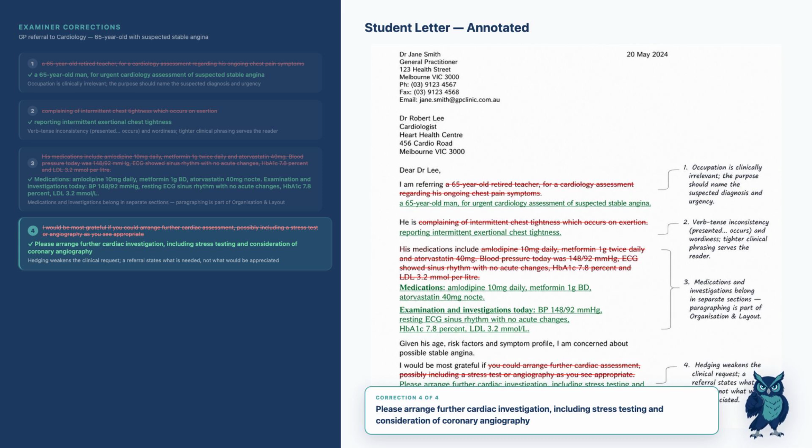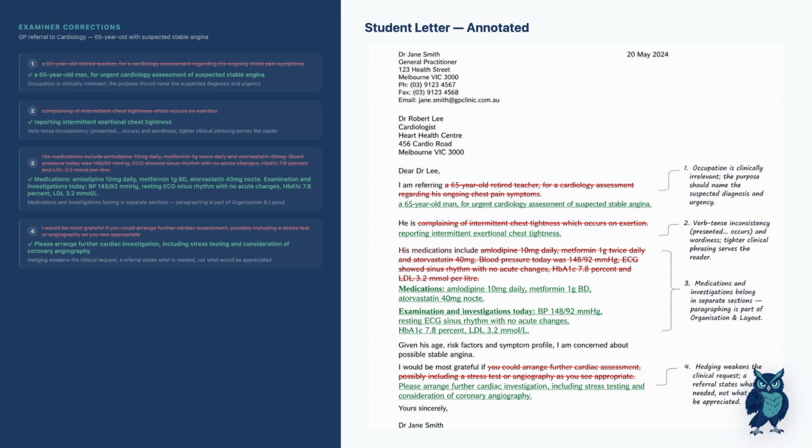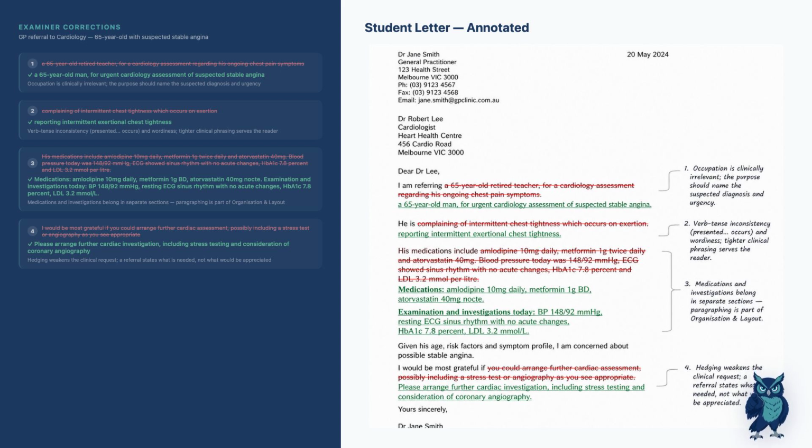This needs to change to medications, amlodipine 10 mg daily, metformin 1 gram BD, atorvastatin 40 mg nocte. Examination and investigations today: BP 148/92 mm Hg, resting ECG sinus rhythm with no acute changes, HbA1c 7.8%, LDL 3.2 millimole per liter. And here is why.